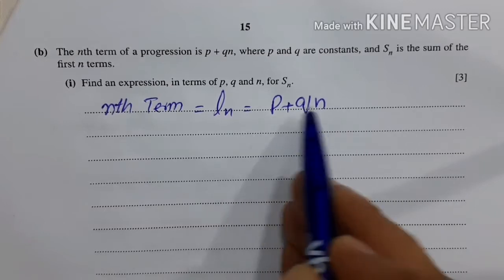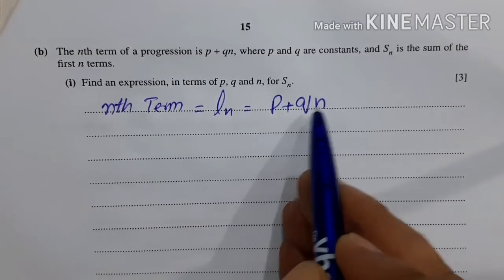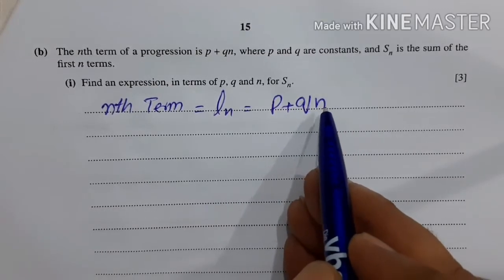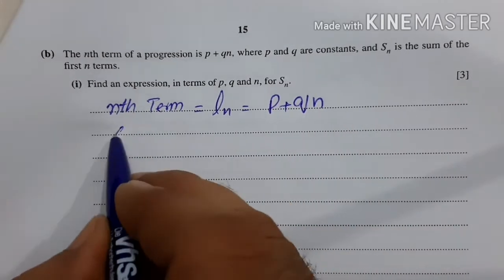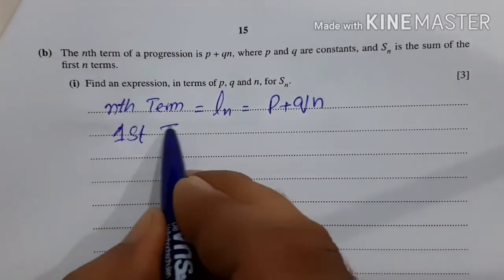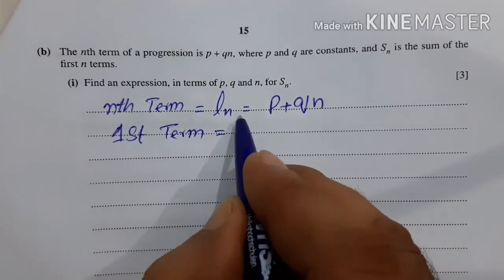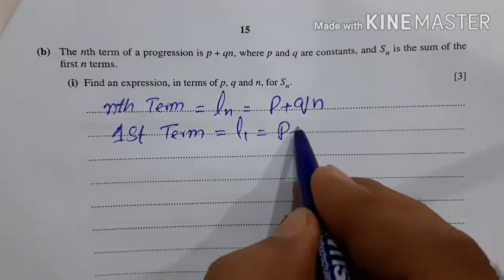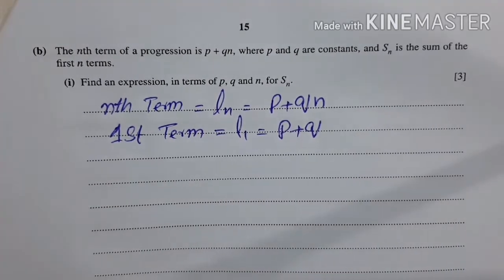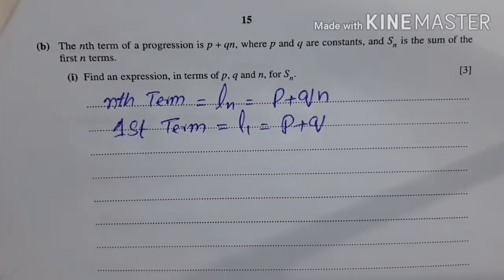So if this is the last term, the first term we get by putting n is equal to 1. So the first term will be p plus q, because n is 1. This is the first term.